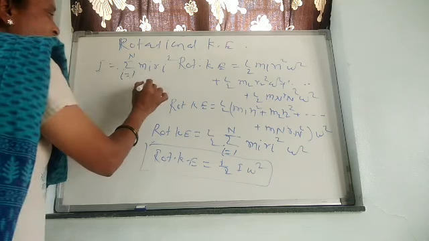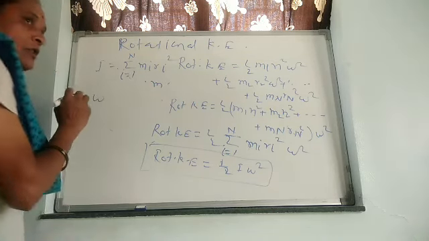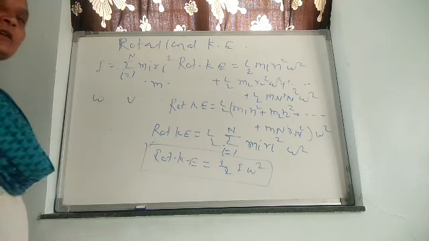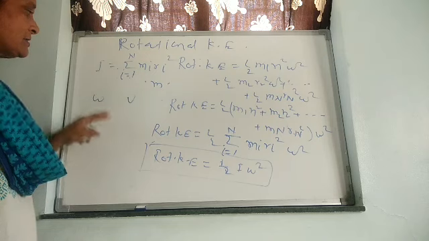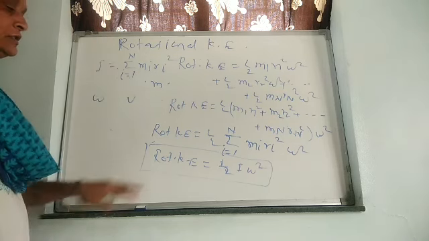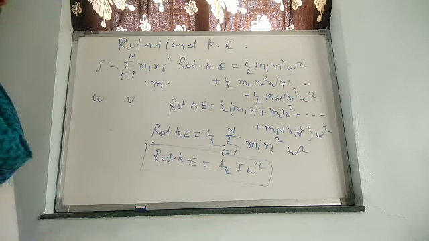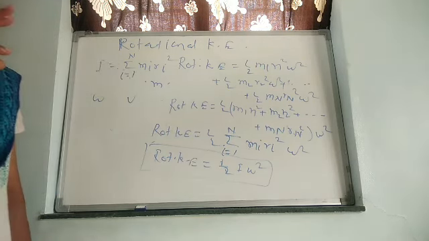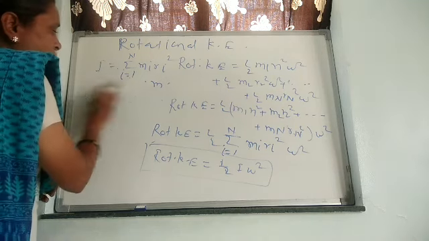Here we have replaced mass with moment of inertia and linear velocity with angular velocity, and therefore this term I is called the rotational inertia. It is also called the moment of inertia of a body about an axis of rotation. In this way we have seen what the moment of inertia is, and then what is the definition of this moment of inertia?